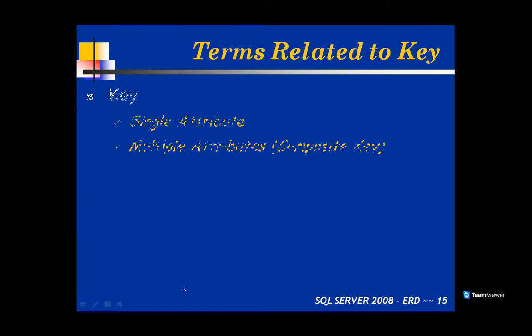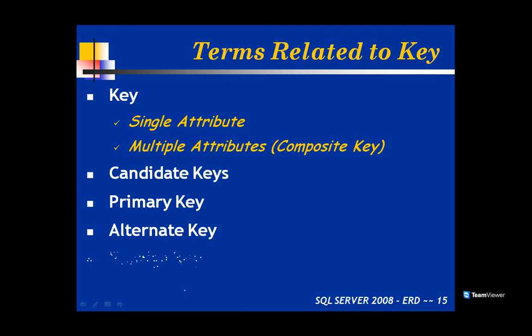Okay, now the terms we have understood are: what is a key, and a key can be a single attribute, or a key may have multiple attributes, that is a composite key, and you may have candidate keys, primary keys, alternate keys. One more key we're going to discuss tomorrow, that is the foreign key. So today we're going to stop here.